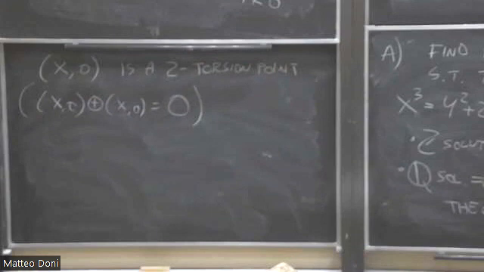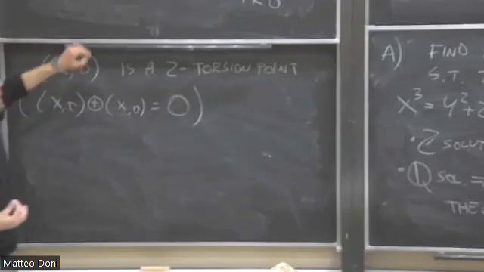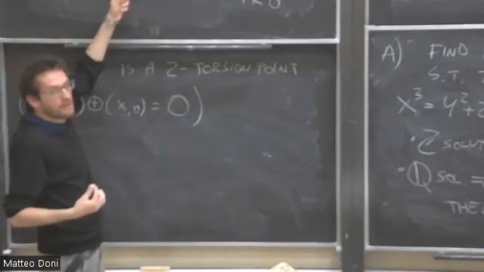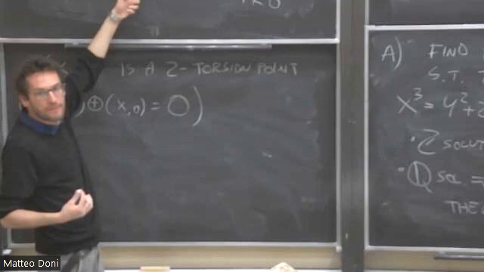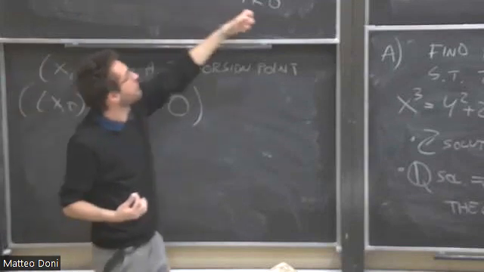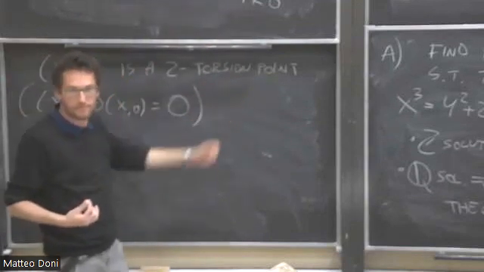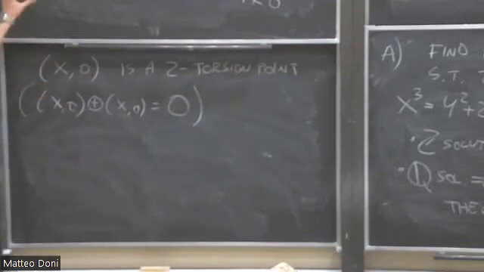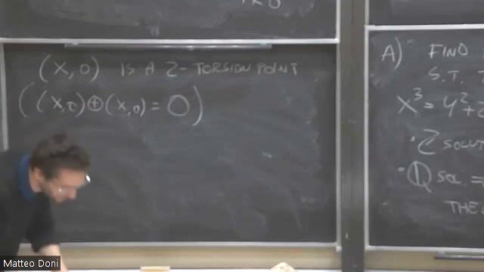So constructing a rational right triangle is the same as saying that I can find points in my elliptic curve which are not of two-torsion. And so again, the geometric problem becomes an algebraic problem over the elliptic curve.